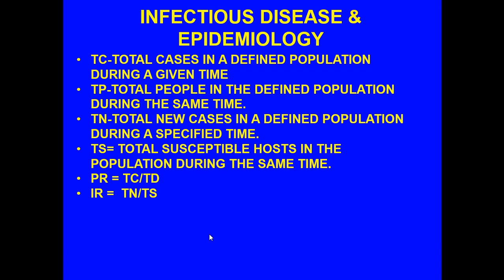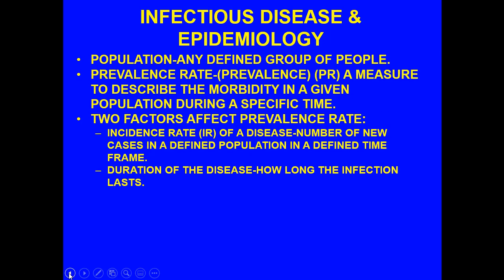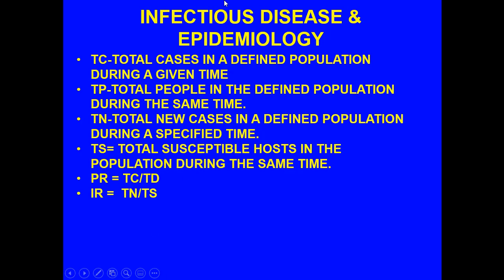So the PR, which we said earlier, prevalence, you're really measuring the number of cases in a defined population compared to the total people in a defined population. When you talk about TN, that's the total new cases in a defined population during a specified time. TS is the total susceptible hosts in the population during the same time.